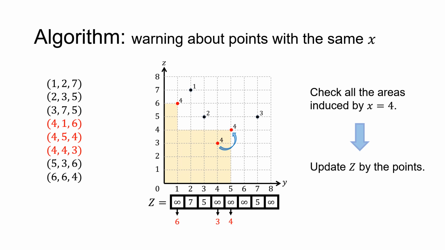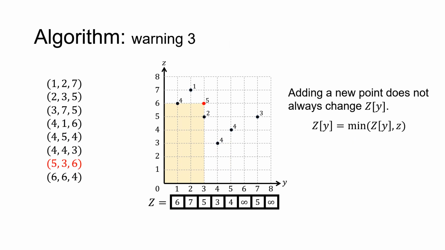After finishing the checking part, we simply update the values of z at the same time. This avoids the problem. Therefore, in practice, we not only sort S in the preprocessing stage, but also divide S into several groups based on the x-coordinate.